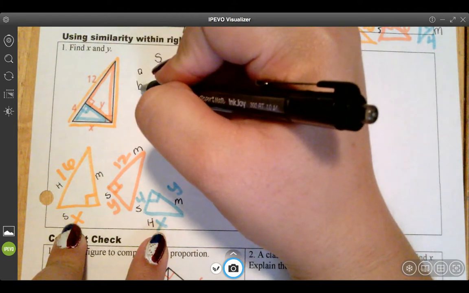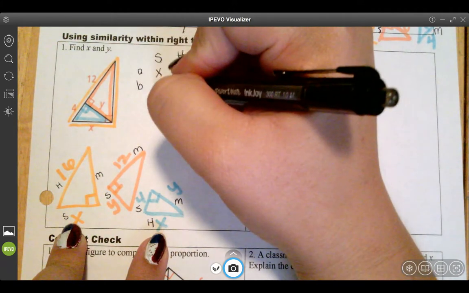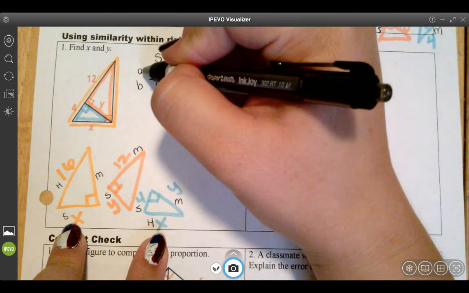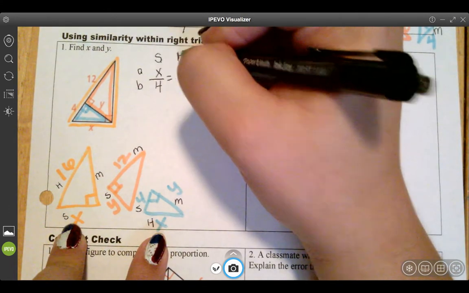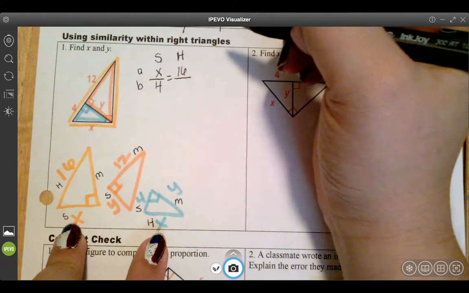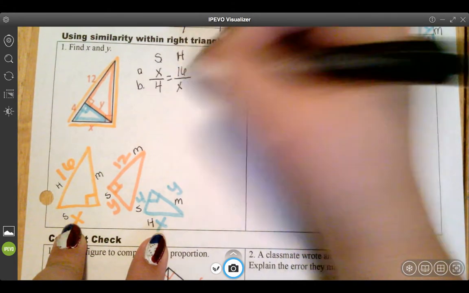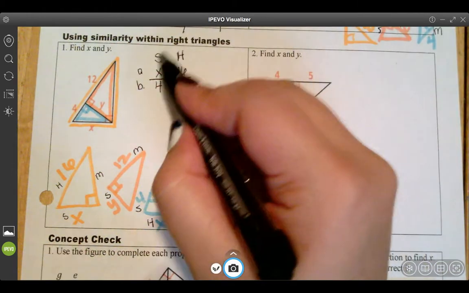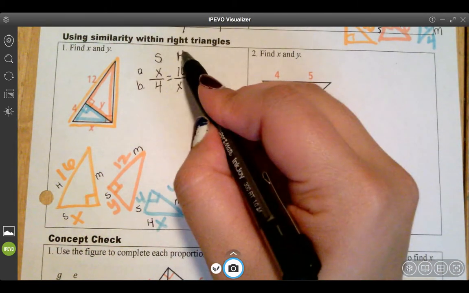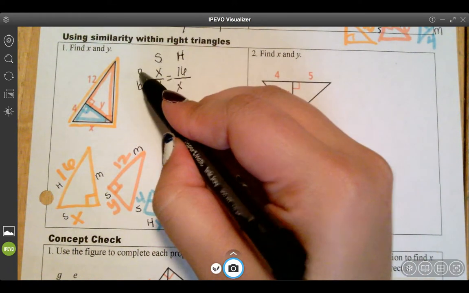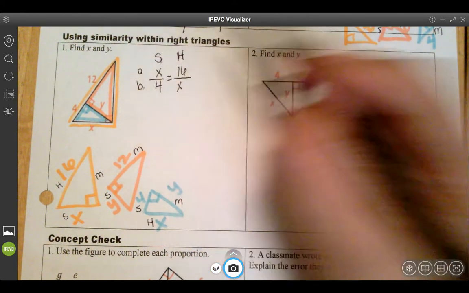The blue, small, is 4, equals. Orange hypotenuse is 16. Blue hypotenuse is x. So do you see how I'm putting these letters to guide me and make sure I set up my proportion properly? Orange and blue, small, and hypotenuse.